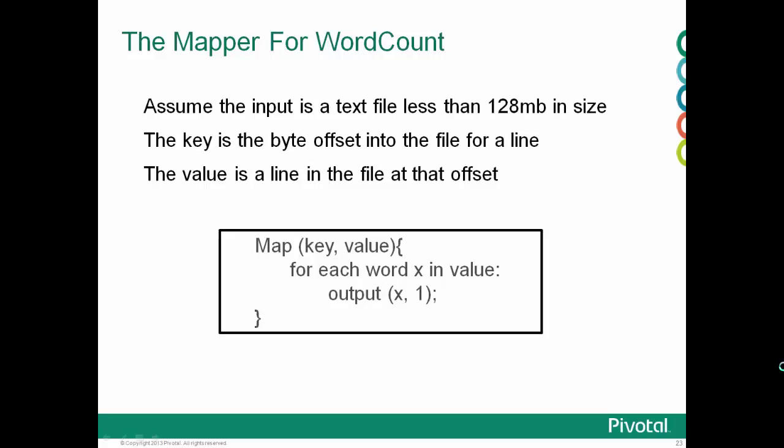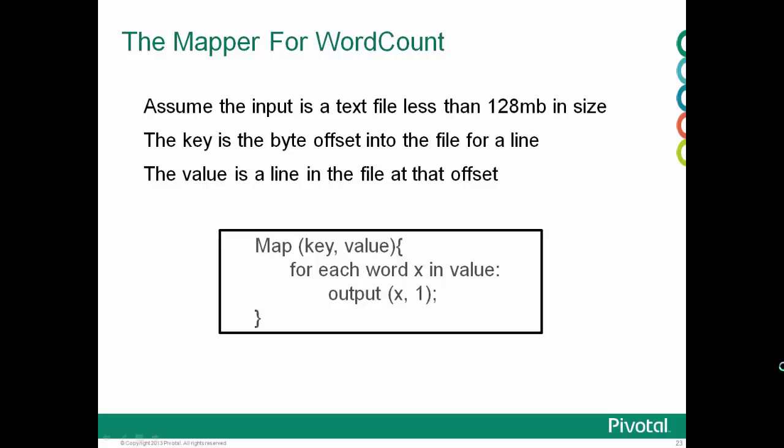If we take a look at pseudocode for this, we can see that the input to the mapper is a key, byte offset, and a value, a line of text. And in a simple for loop, we just simply say for each word in value, output the word itself as the key and literal 1 as the value.